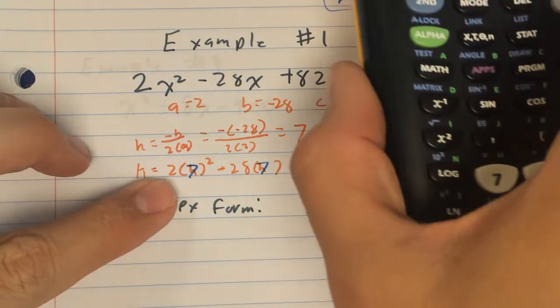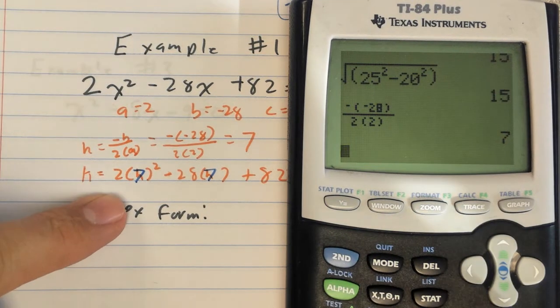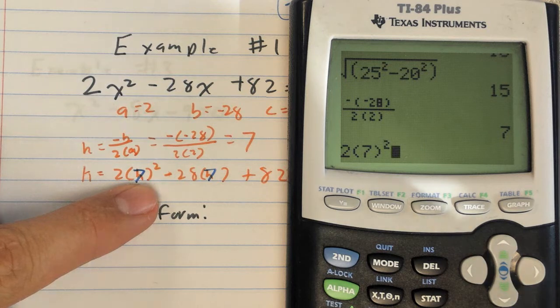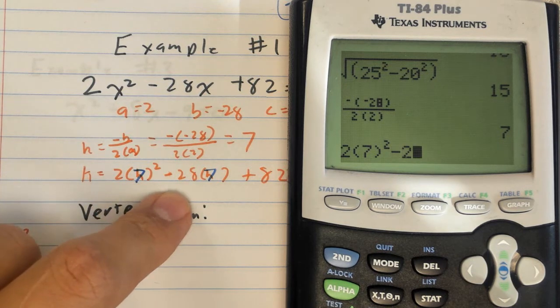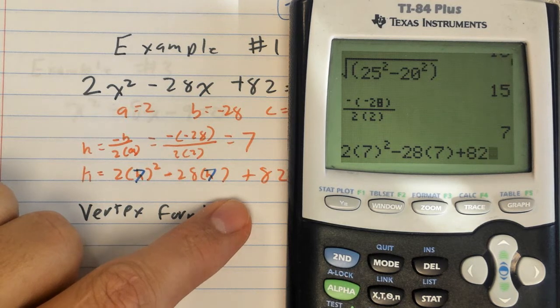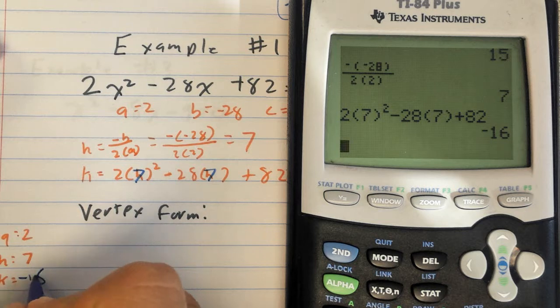Instead of doing that math by hand, again, let's go ahead and use a calculator. We have 2 parentheses 7 squared minus 28 parentheses 7 plus 82, and that gets us negative 16.